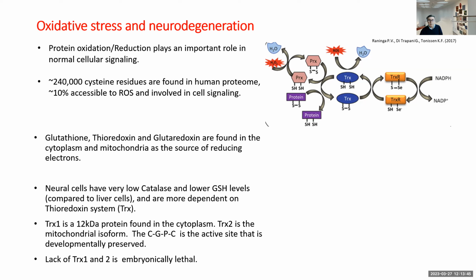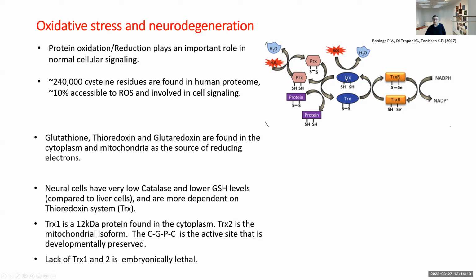So my lab is interested in thioredoxin. You all know, just reviewing here, thioredoxin is a small protein, about 12 kilodalton, and has 2 thiols in its active site. These thiols have very low redox potential, meaning they can easily donate their electrons to the substrate. Substrate could be hydrogen peroxide and free radicals, so it is used to control the level of hydrogen peroxide.